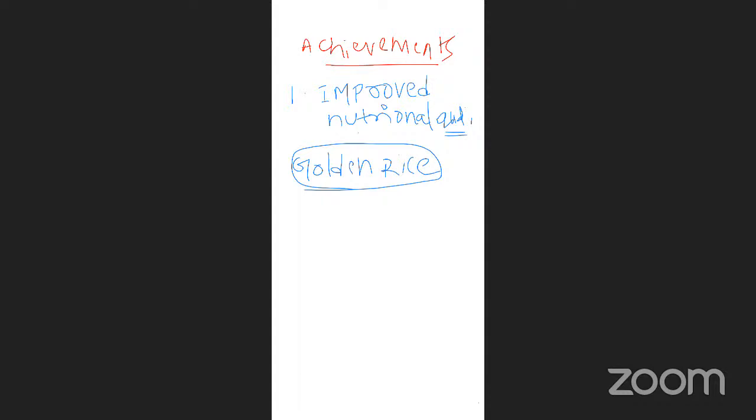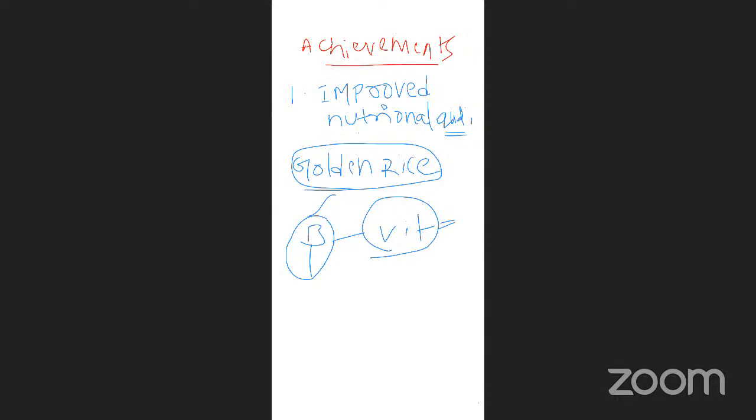This beta carotene is a precursor of vitamin A. If beta carotene is lost with the husk, the outer layer of the rice grain, automatically there is no production of vitamin A. As a result, in India, night blindness, that is eye diseases, are generally found.